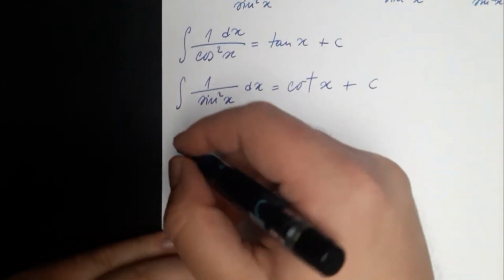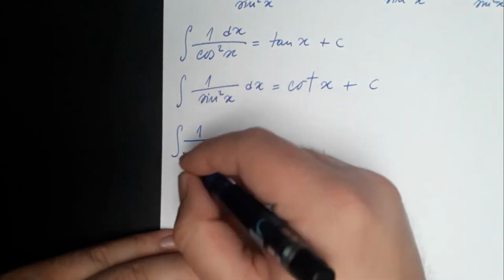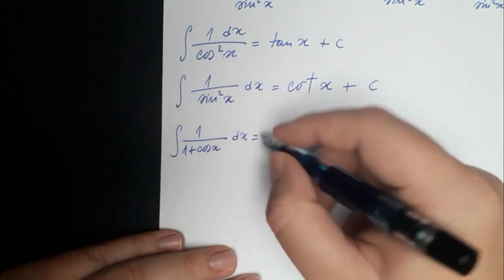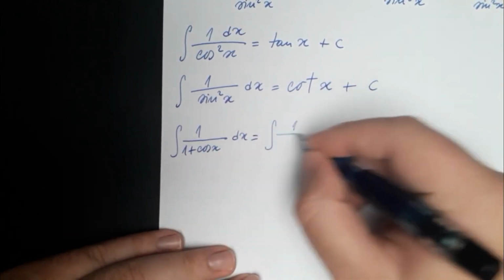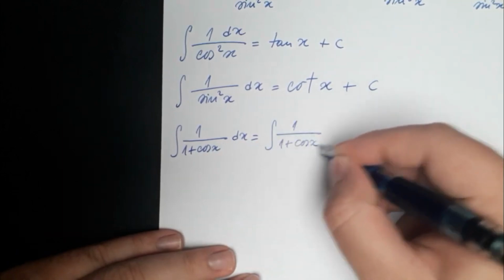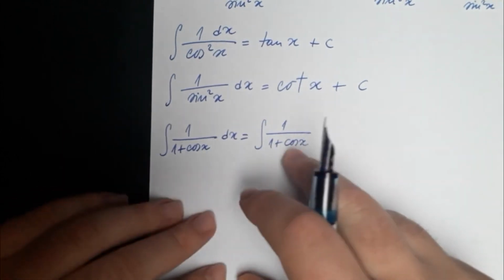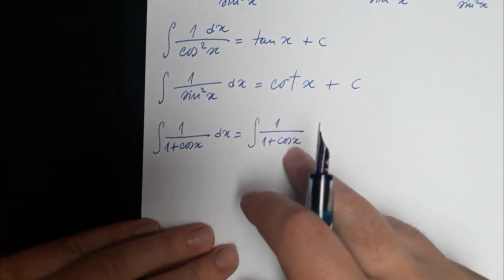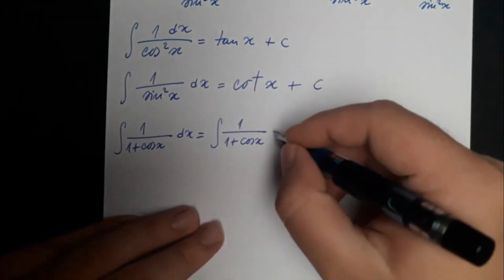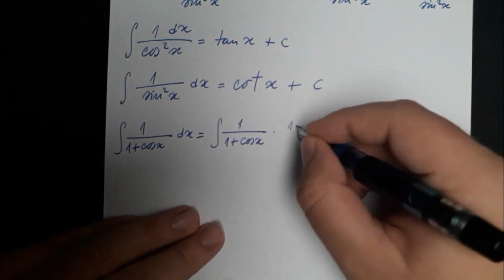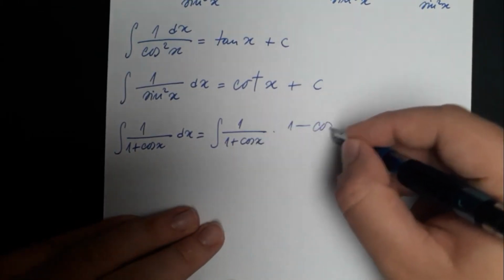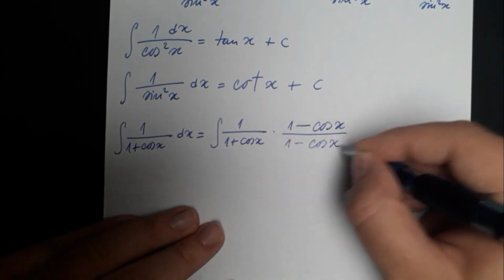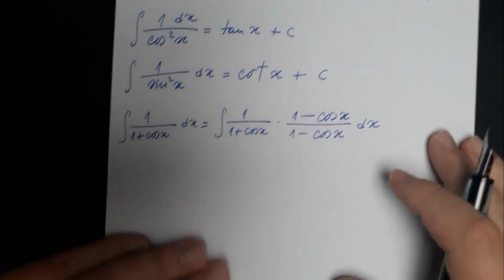Now that other method which I was talking about, 1 divided by 1 plus cosine x dx. What we can do? Well, integral of 1 divided by 1 plus cosine of x, now it would be useful to have 1 minus cosine squared of x in the denominator. We are going to make that by multiplying what we already have with 1 minus cosine x divided by 1 minus cosine x dx.